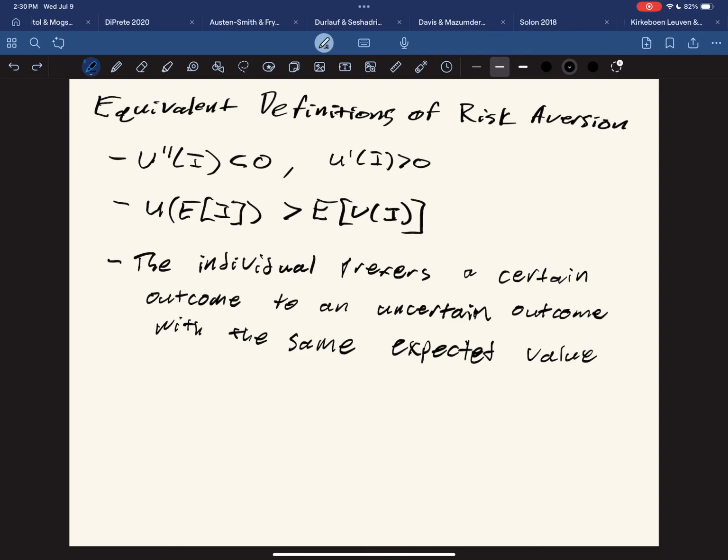That's equivalent to saying the utility of the expected value of my income is higher than the expected utility I get from my income, which is also the same as saying the individual prefers a certain outcome to an uncertain outcome with the same expected value.